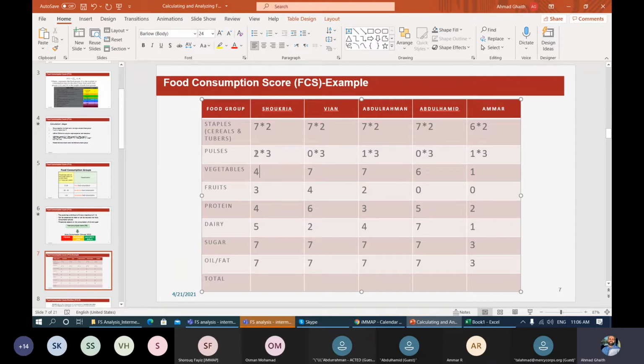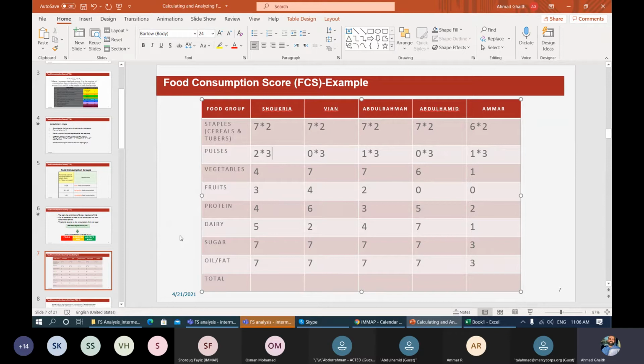Does anybody know how many pulses you would need to eat if you had 7 days of staple consumption to meet the 28 line? Sorry, this is the math that you don't want to be doing.